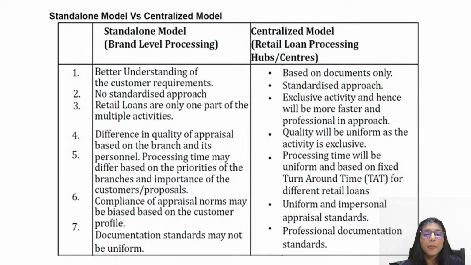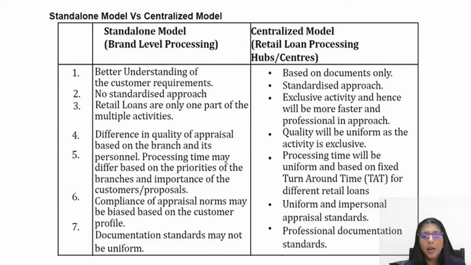What are the advantages of this standalone model? Faster local decisions, better understanding of local customers, operational flexibility. Centralized model means important banking functions are controlled and processed from a central office or a central processing unit. Basically, everything is controlled by the center.